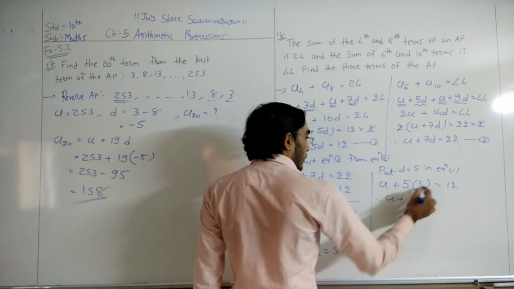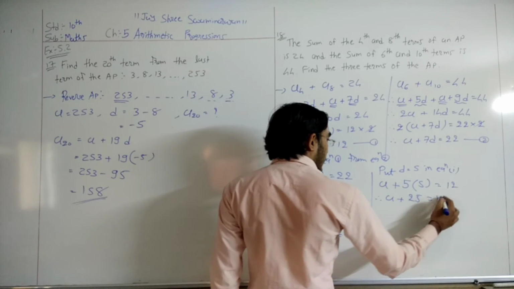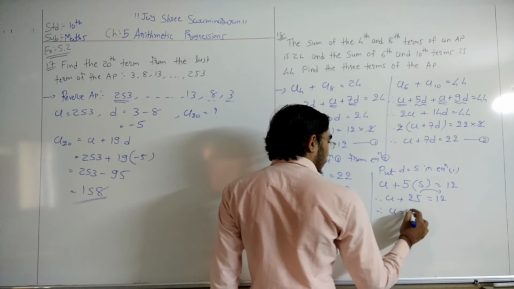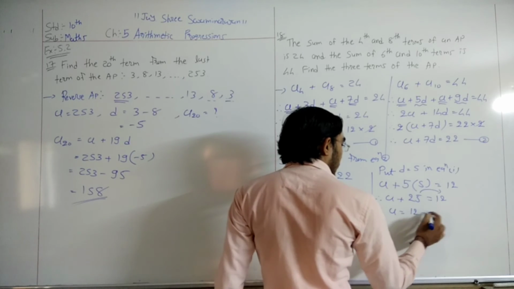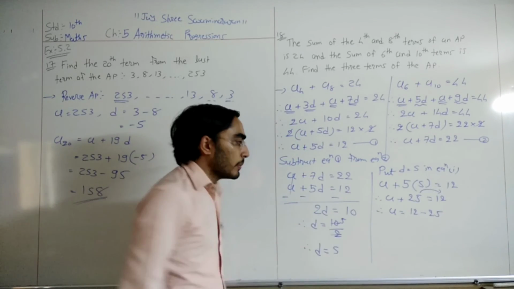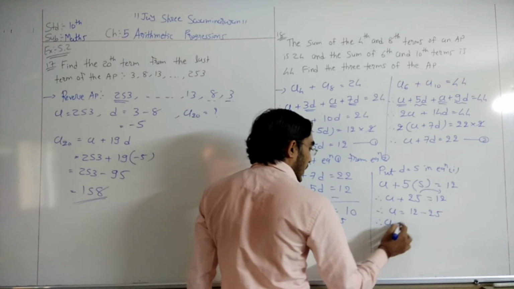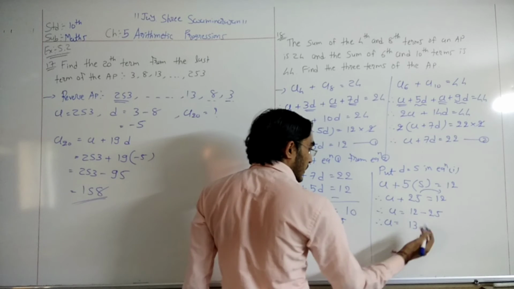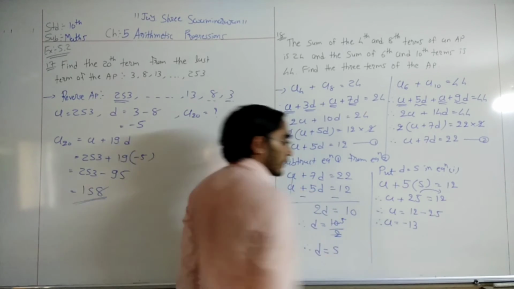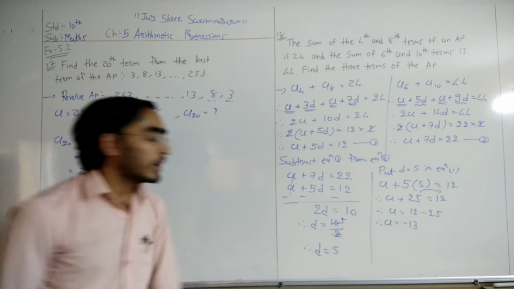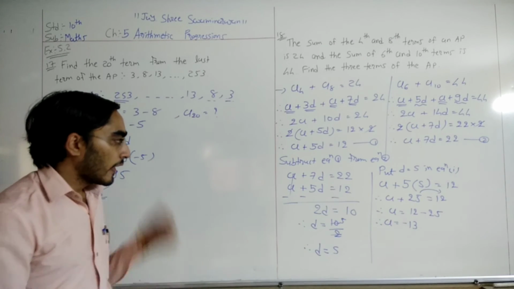So a + 25 = 12. Transfer this 25 to the right-hand side: a = 12 minus 25. The bigger number 25 has a negative sign, so a = minus 13. So our first term is minus 13 and the difference d is 5.